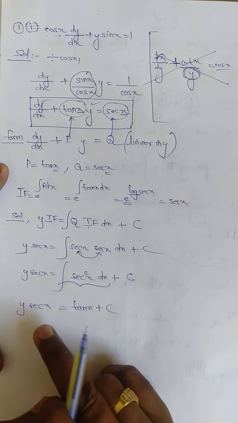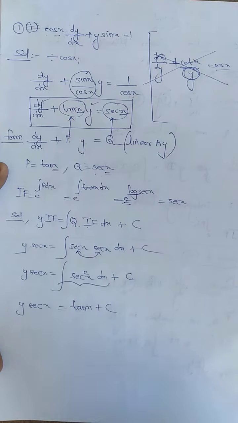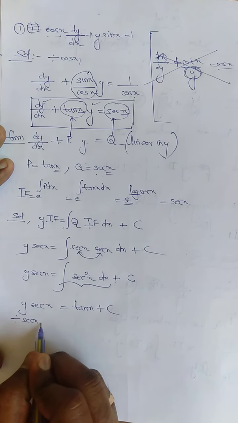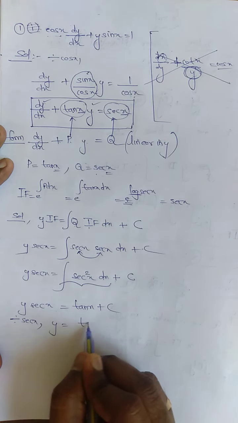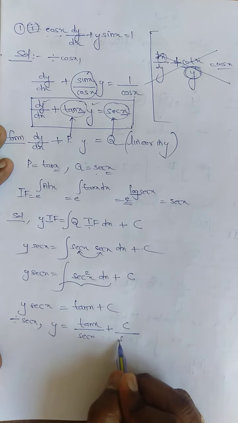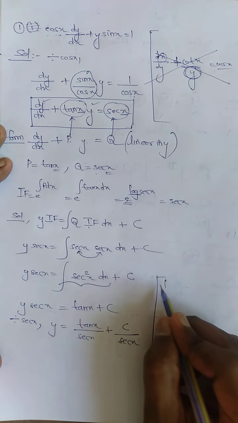But the book answer is not like this. So what can you do? Divide by secant x. If you divide by secant x, it cancels. Y is equal to tan x divided by secant x plus c divided by secant x. So what will be tan x divided by secant x?